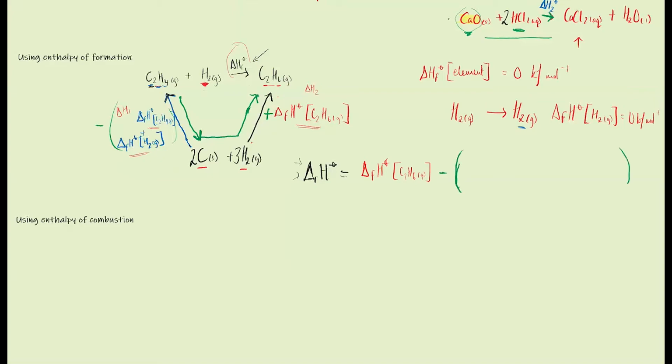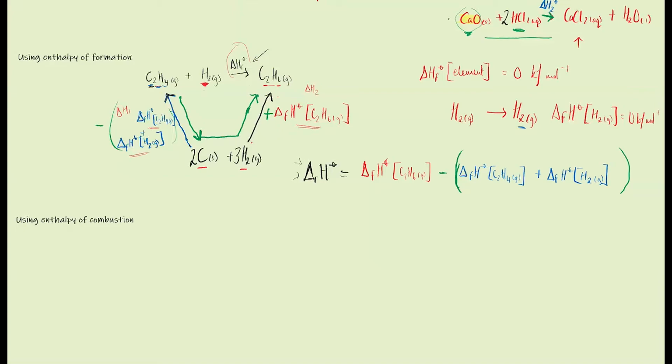I'm going to just close brackets over here. Hopefully I have enough space. The enthalpy of formation of ethene plus the enthalpy of formation of hydrogen gas. Plenty of space.